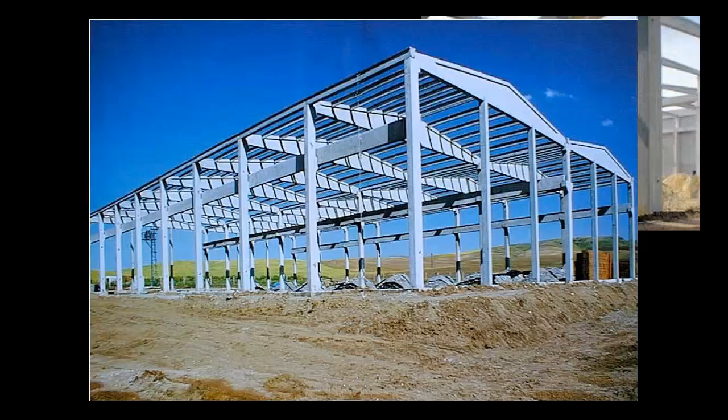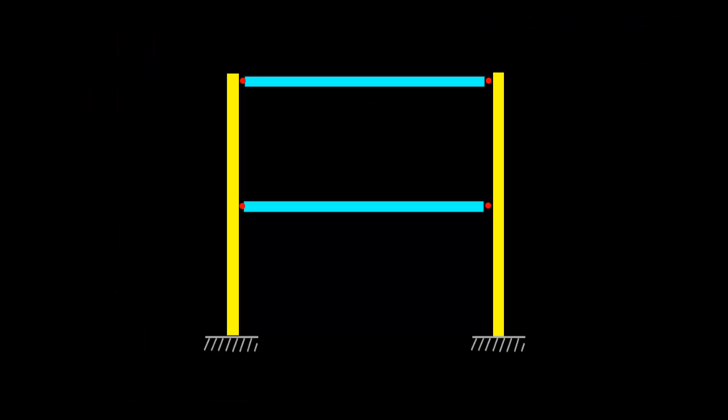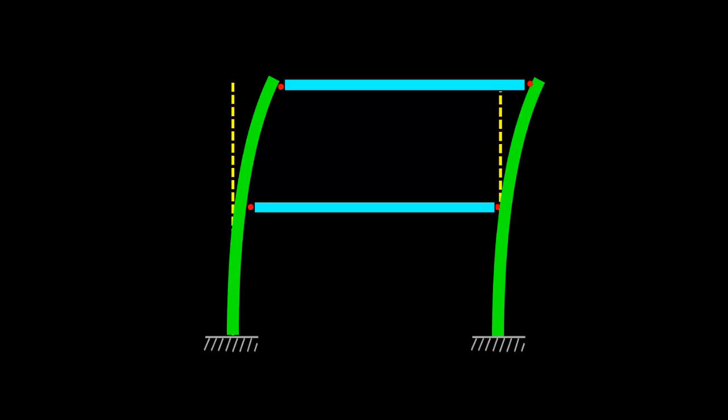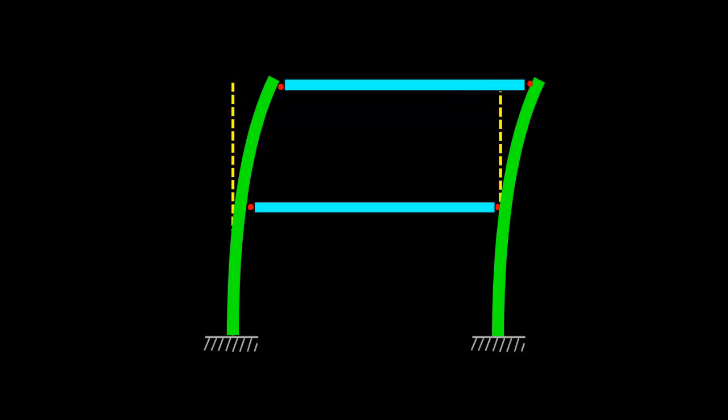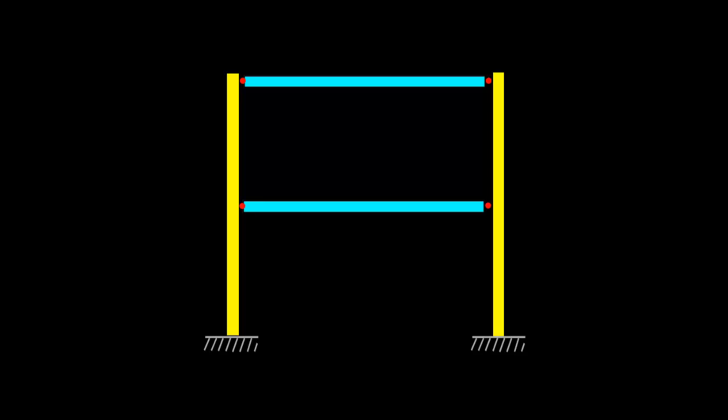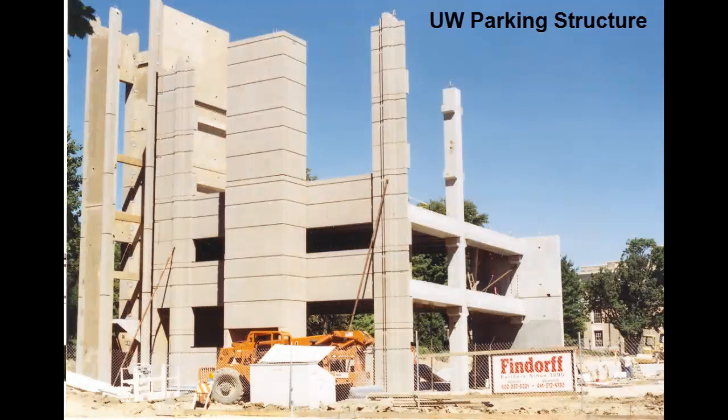An unbraced simple frame relies on the columns acting as cantilevers fixed at their base to resist lateral loads. While the braced frame resisted lateral loads through truss action, creating axial forces in the columns, the unbraced simple frame uses bending in columns to resist lateral loads.